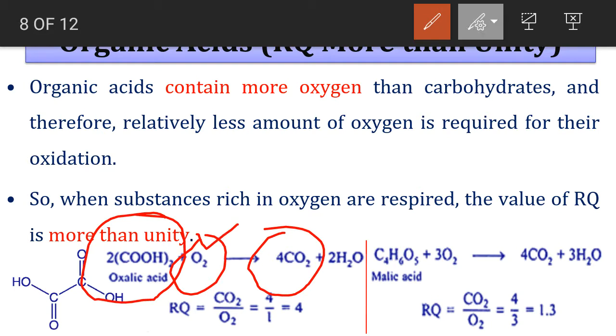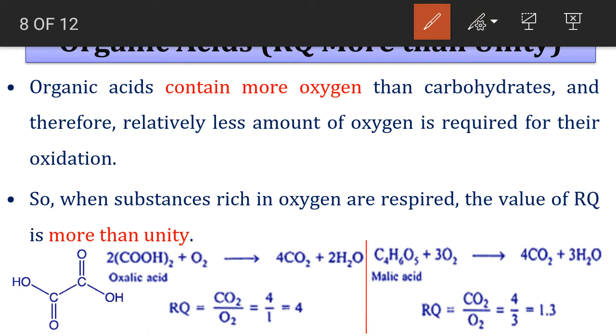So if we put this value in the formula, for oxalic acid 4 carbon dioxide is released and only 1 oxygen molecule is consumed. So 4 by 1 is 4.